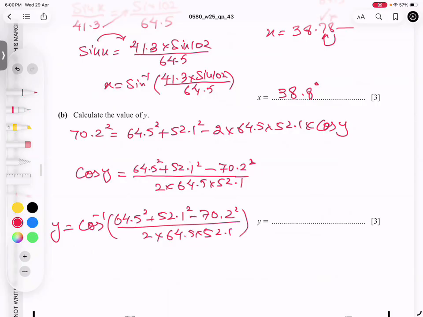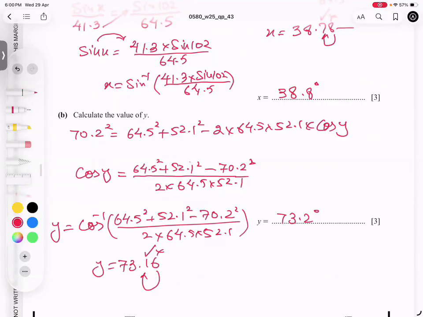When we type it in the calculator, it is giving us 73.16. We need 1 dp, so we round up. So 73.2 degrees, and this is my final answer.